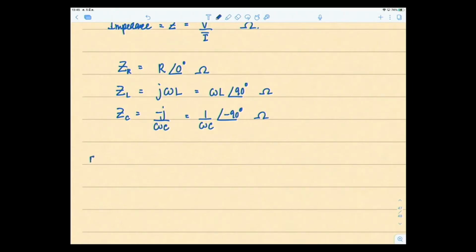The first example will be a review of current dividers and basic Ohm's law.